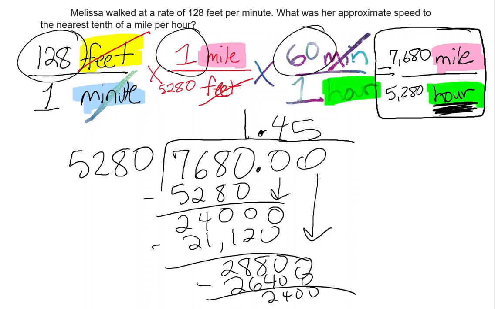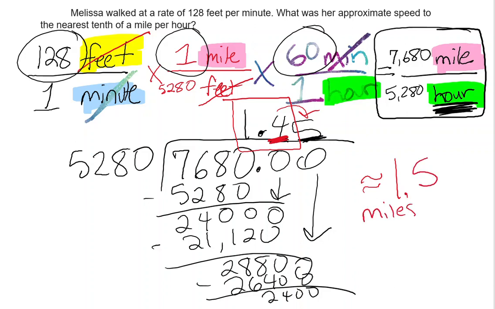We could stop there because if we're looking for her approximate speed in the nearest tenth of a mile, all I had to do was divide to the hundredths, because again, if we're going to the nearest tenth, we have to look to the right. 5 or more means this number is going to go up. So it would be approximately 1.5 miles per hour. Thank you.